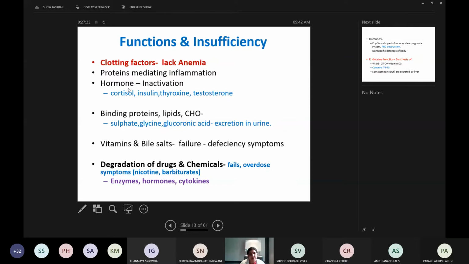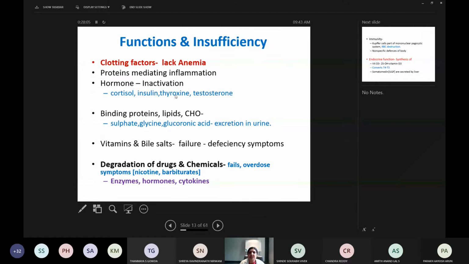So the third important point is hormone inactivation. I told you, hormones like cortisol, thyroxine, insulin and testosterone are inactivated at their end stage in the liver. So if the liver is fibrosed, or cirrhosis or fatty liver has occurred, that means the liver cannot carry out the inactivation of these hormones.